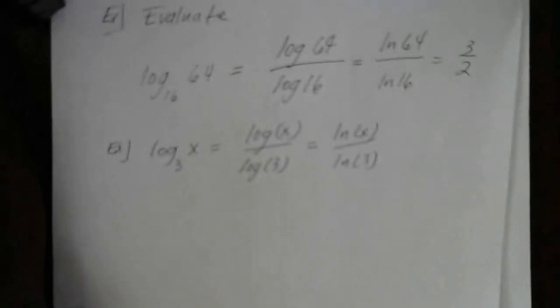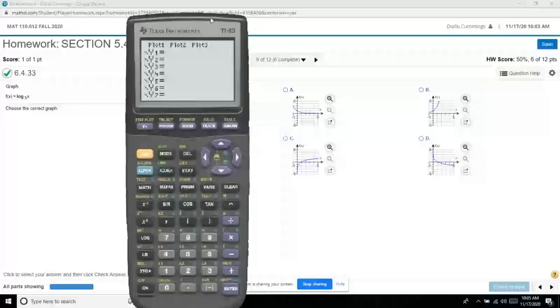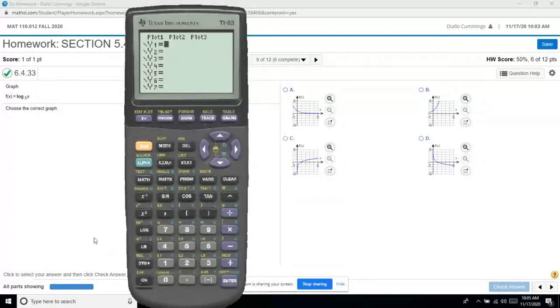So let's go back in and put these into the calculator. So I'm going to put this in as the log of x divided by the log of 3. I'm going to use zoom 6 to graph. And I have my curve.